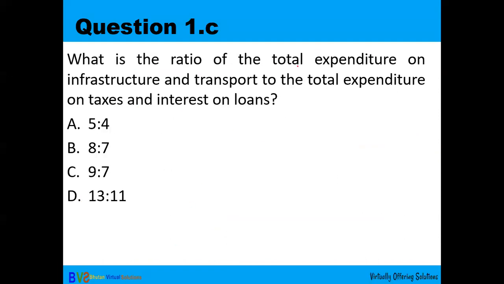What is the ratio of the total expenditure on infrastructure and transport to the total expenditure on taxes and interest on loan? So we have to find the ratio. The total expenditure on infrastructure plus transport, to the total expenditure on taxes plus loan.